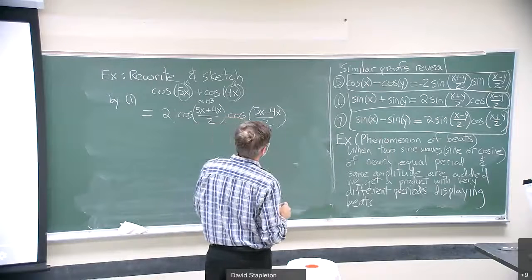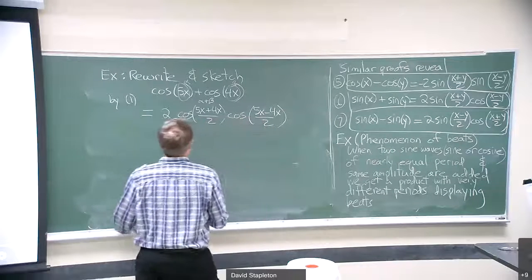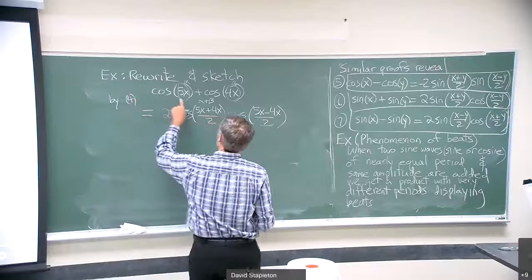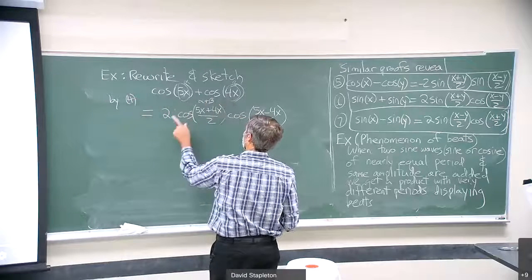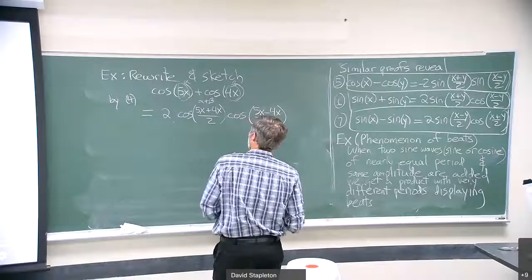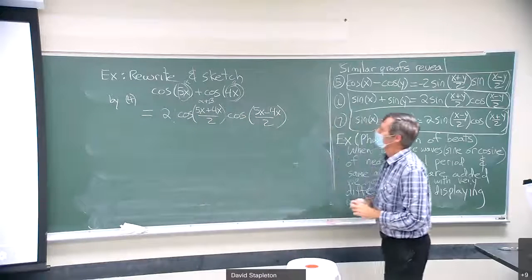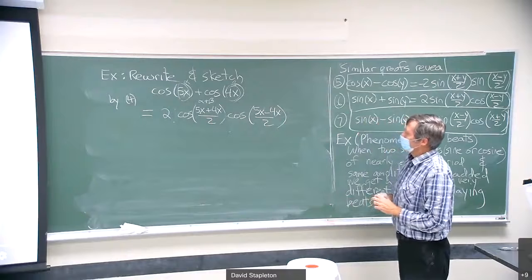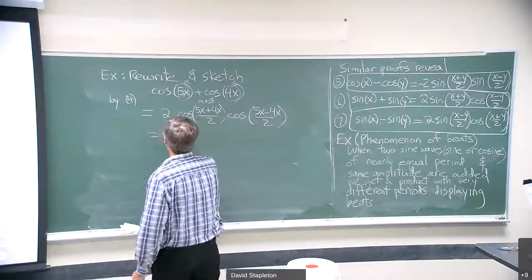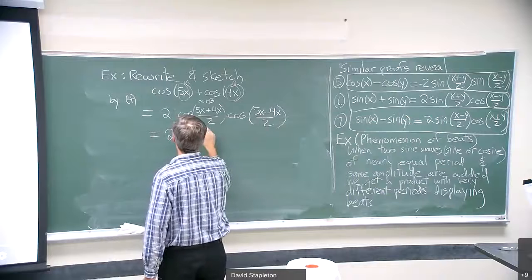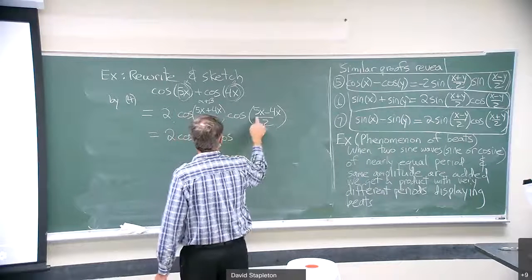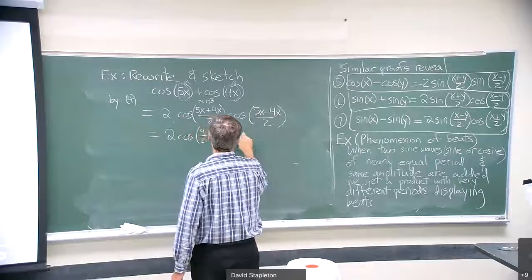And this is not number 1, it's by equation 4, the one I just erased, sorry. By equation 4, cosine 5x plus cosine 4x is twice cosine of 5x plus 4x over 2, times cosine of 5x minus 4x over 2. That's equation 4. Now, what does that mean? We rewrite it. 5x plus 4x is 9x over 2, so this is twice the cosine of 9 halves x times the cosine of 1/2 x.